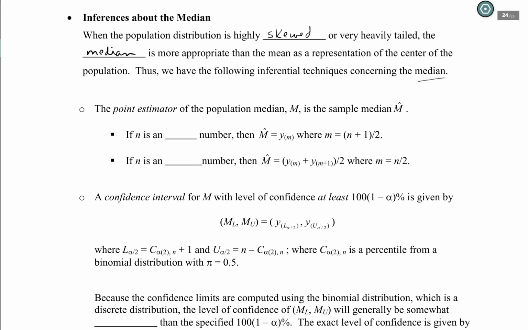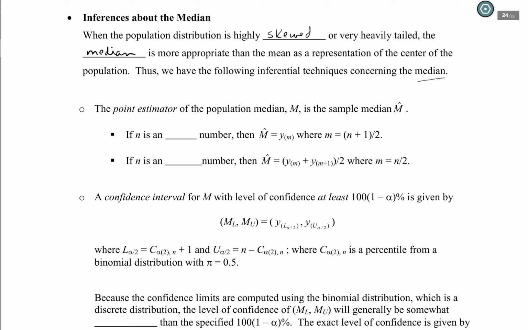While the t-test is somewhat robust against departures from normality, if the skewness is heavy, then there can be some major problems with the t-test. And so it's good to have this kind of inferential procedure on the median in our back pocket.